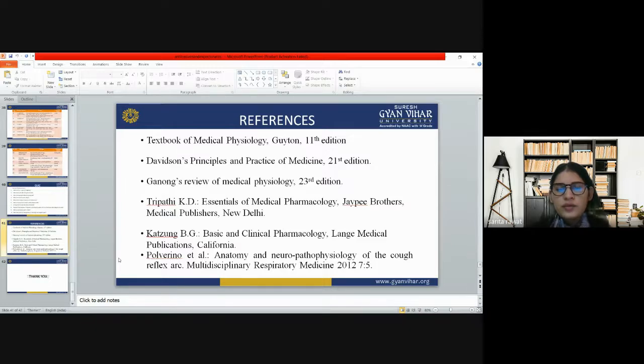Then I have also followed Anatomy and Neurophysiology of the Cough Reflex, which is a very good book for multidisciplinary respiratory medicine. So you can definitely check these books for better reference, and you will get to know in detail about the cough and treatment of cough.